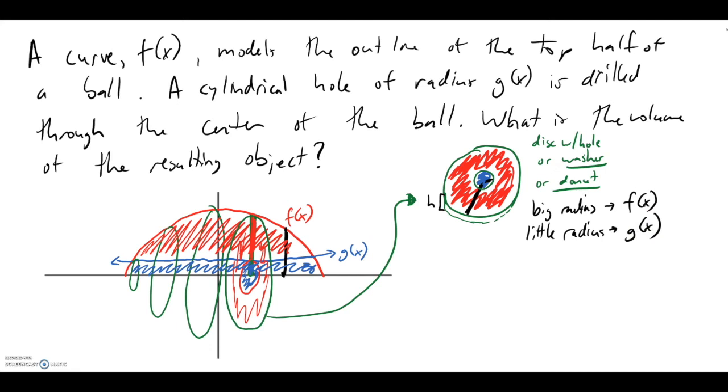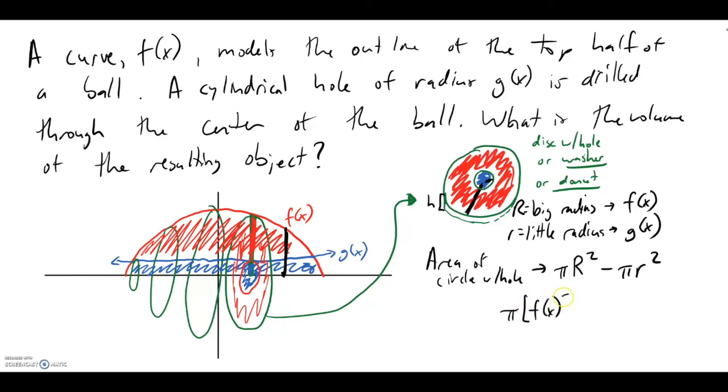And if you think about this as just working with areas, how I would find the area of the circle with the hole would be to take the area of the entire thing, pi times the big radius squared, and subtract off the smaller circle with the smaller radius, pi times little radius squared. Or in terms of our functions, we would have pi times our outer function squared minus pi times our inner function squared.